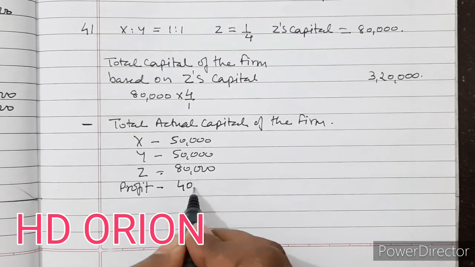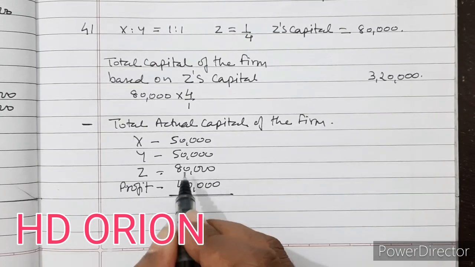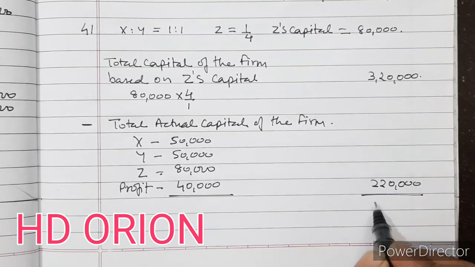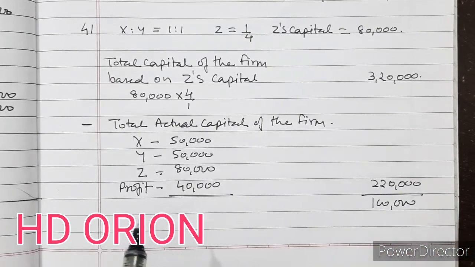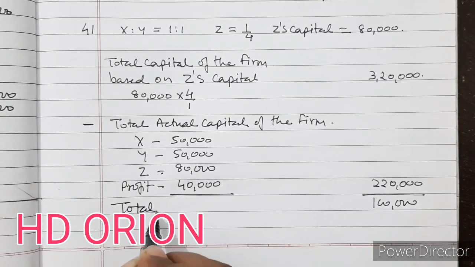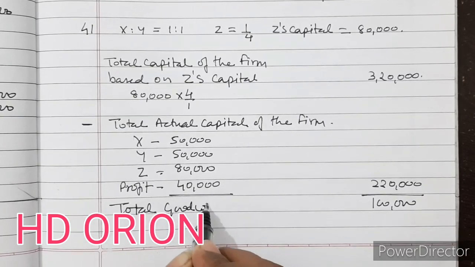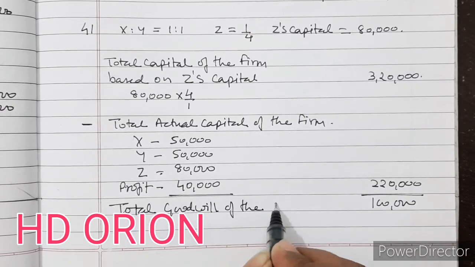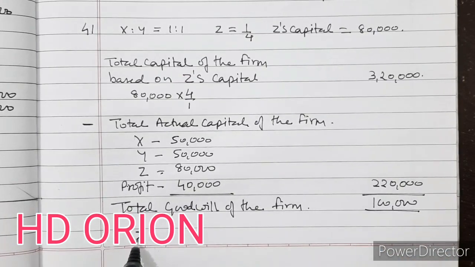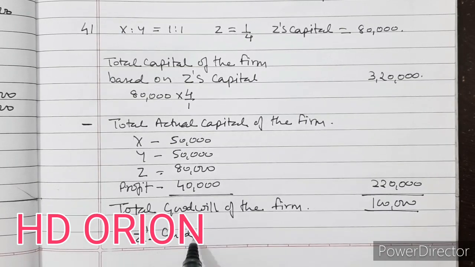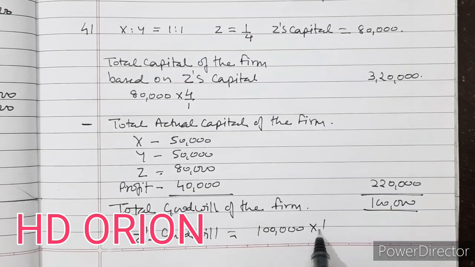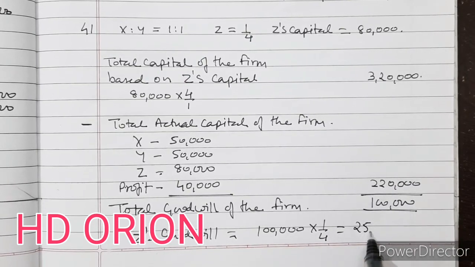It is a credit balance for profit, so it will be 2,20,000. So the difference between this is the total goodwill of the firm. But Z is not bringing his portion of goodwill. So Z's goodwill is equal to 1 lakh multiplied by his portion, that is equal to 25,000.